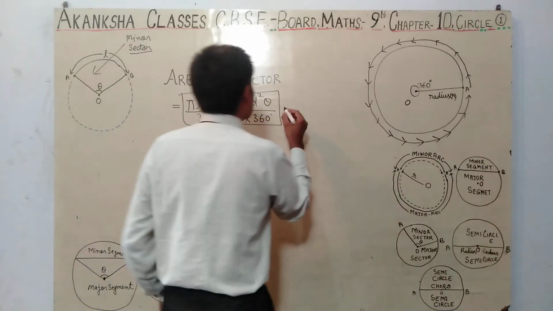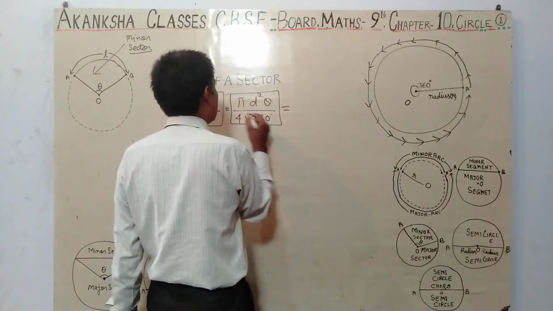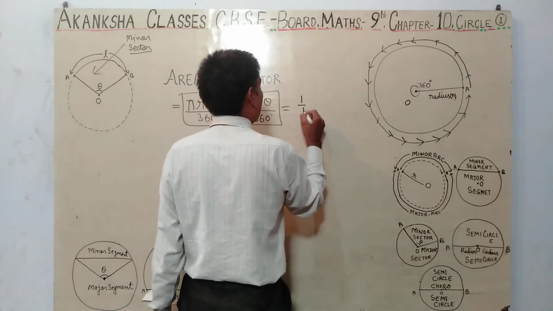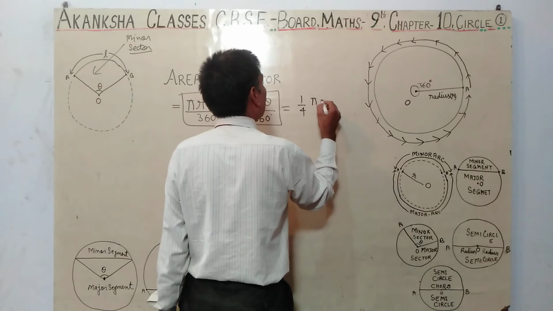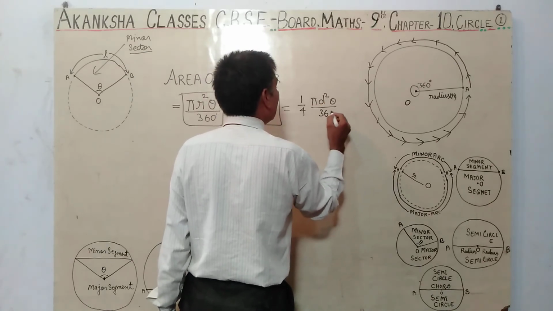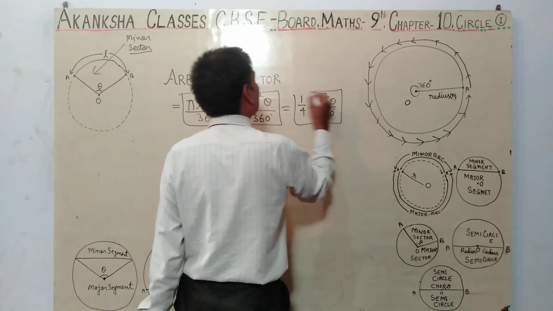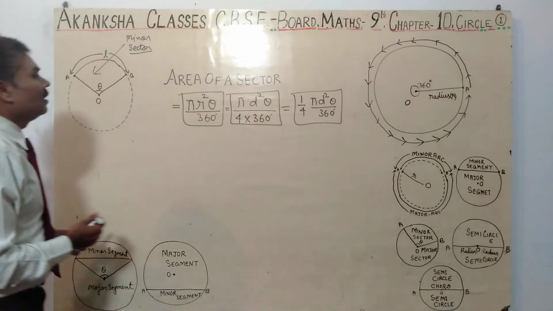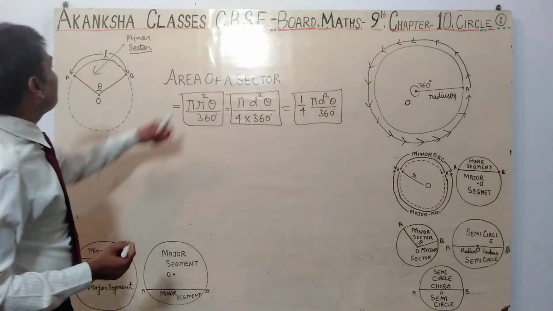Or this expression can be written in another form also: 1 by 4 pi d square theta by 360. All the three expressions are same. This is the area of sector.